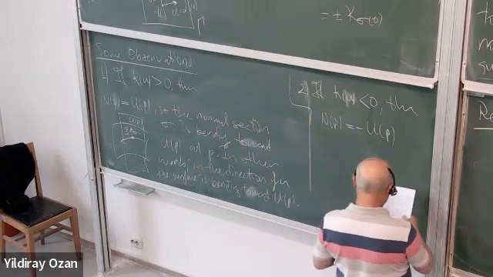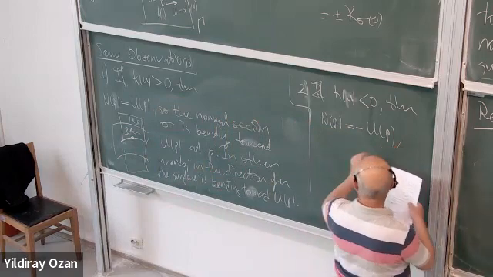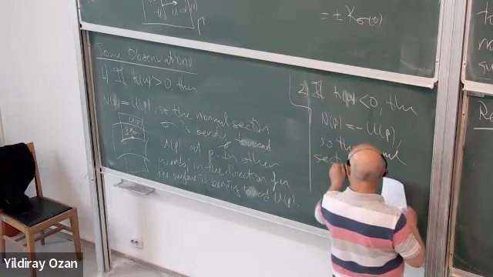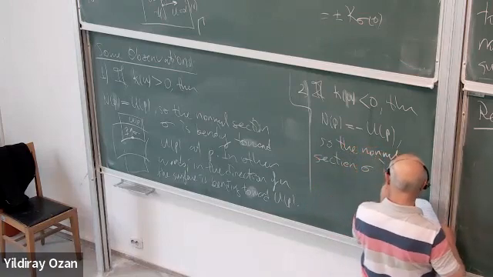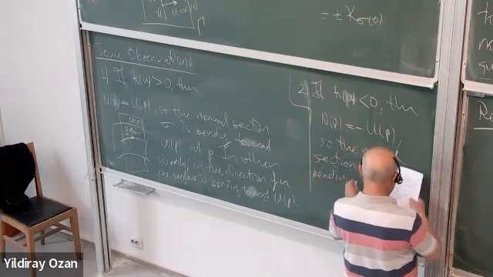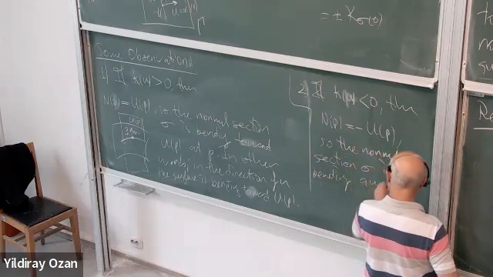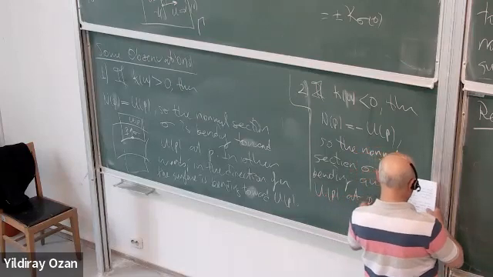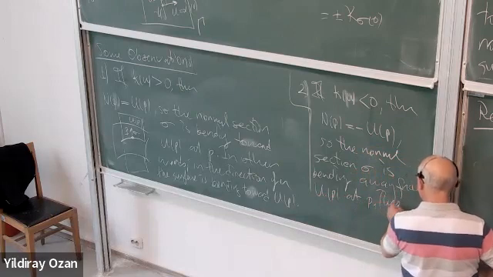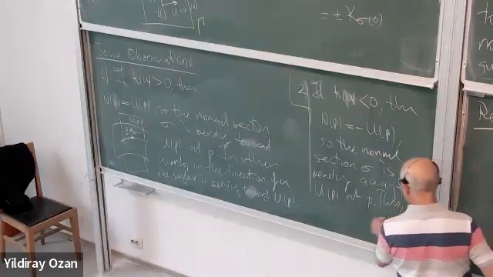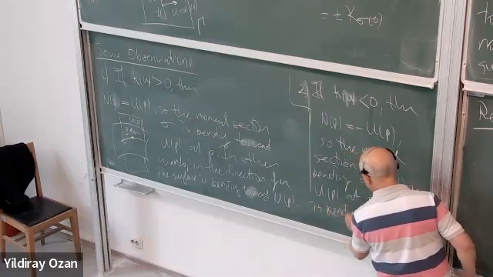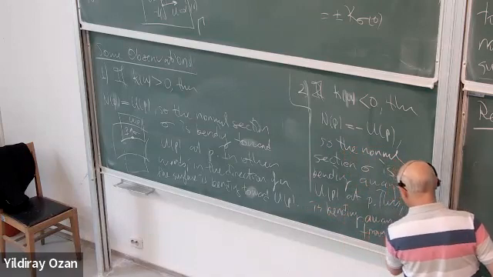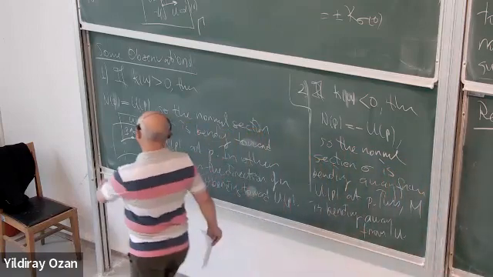Okay, so the normal section sigma is bending away from U_p at P. Thus, the surface is bending away from U. So it is like this one, okay?